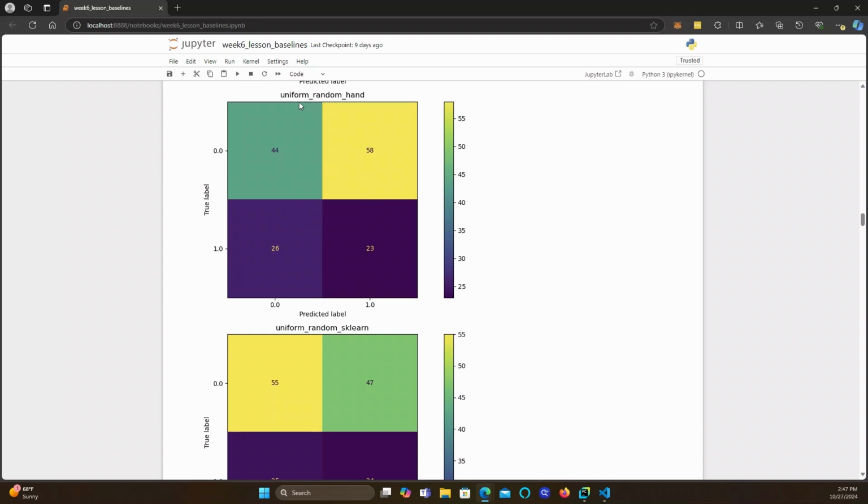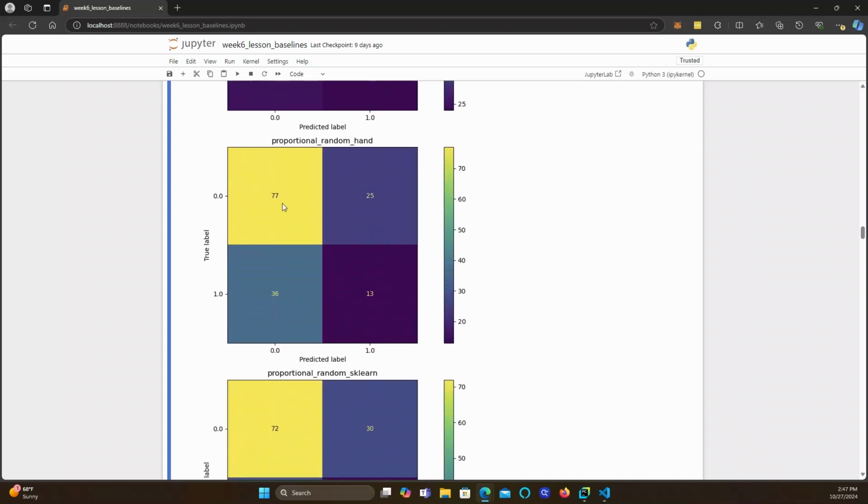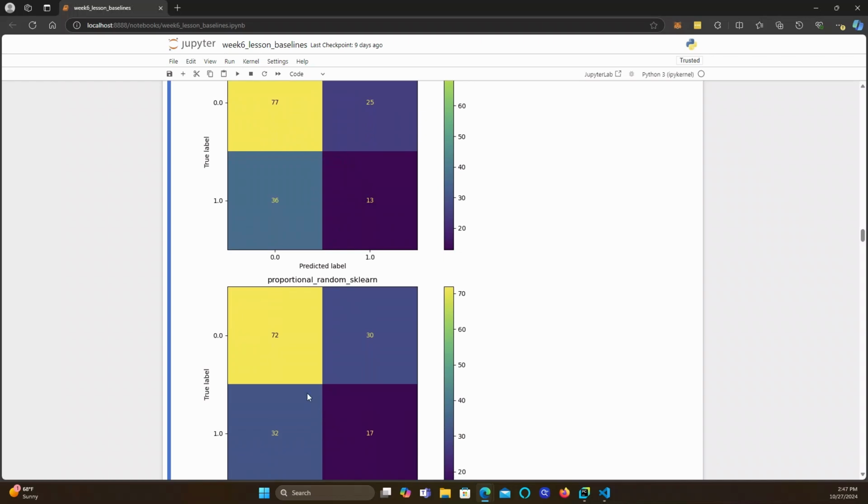Starting to look a little better, I guess, but now we're getting a whole bunch of false positives, right, with the uniform random models. Same here again. And here we're getting these large, from the proportional random models, we're getting a lot of observations off the diagonal.